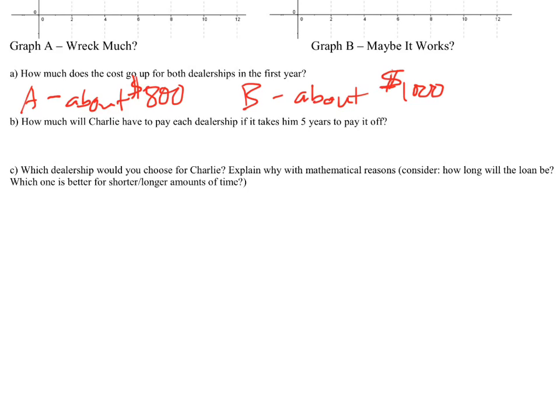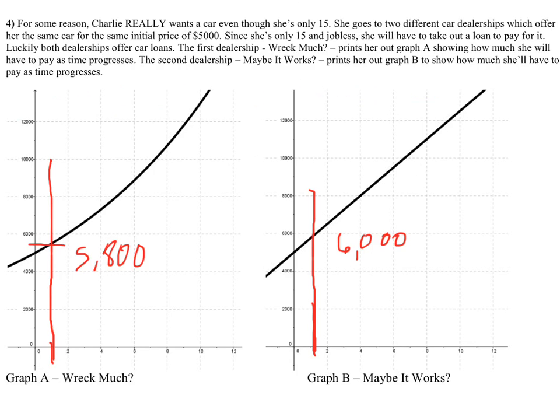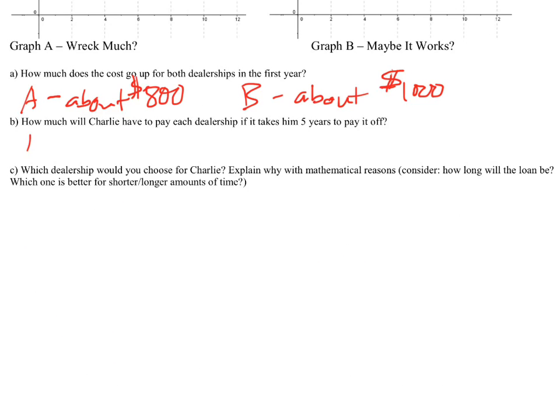Okay. How much would Charlie have to pay for this trip if it takes him 5 years to pay it off? Well, let's see. 5 is looking about right here. For company A, we're looking at about 8,000.